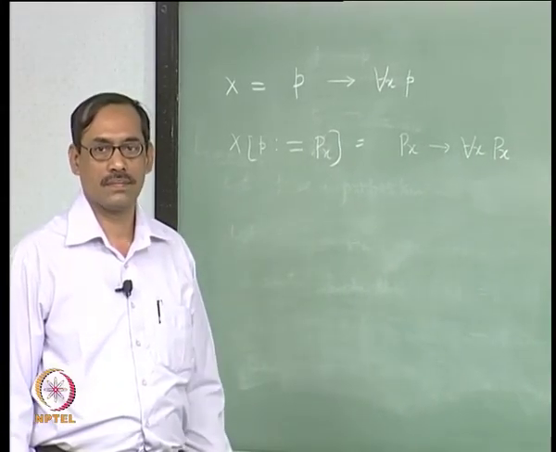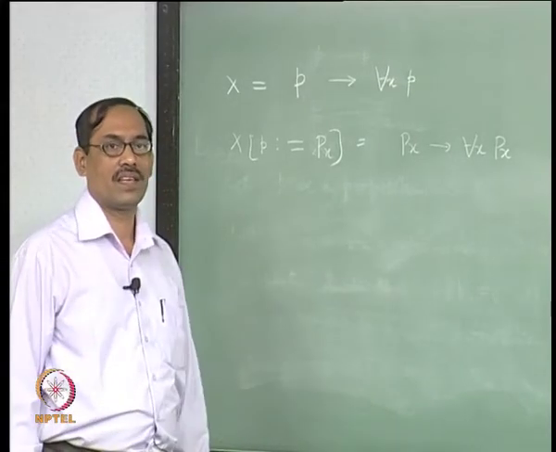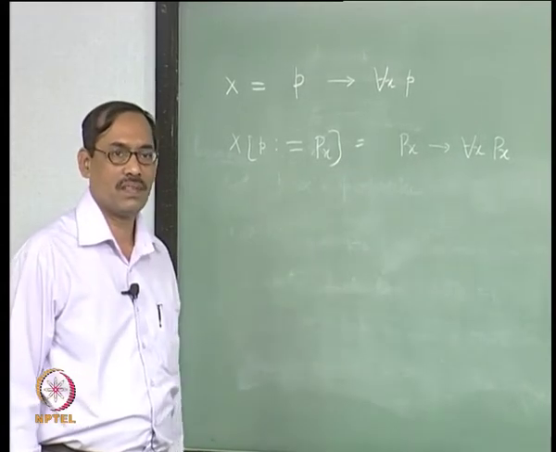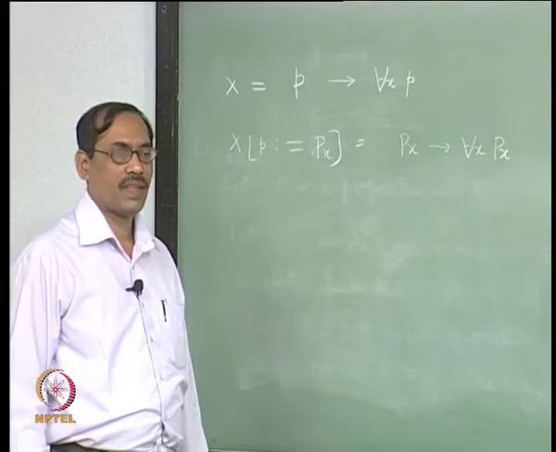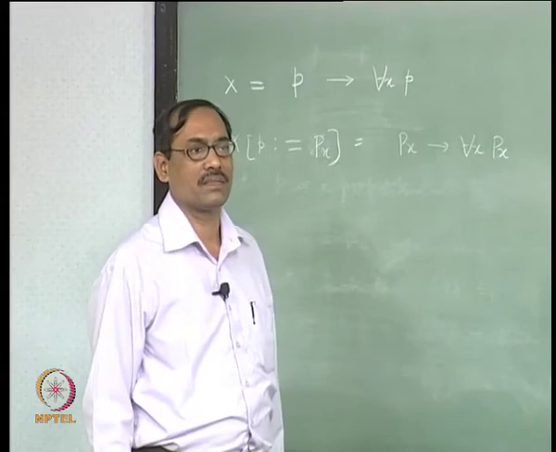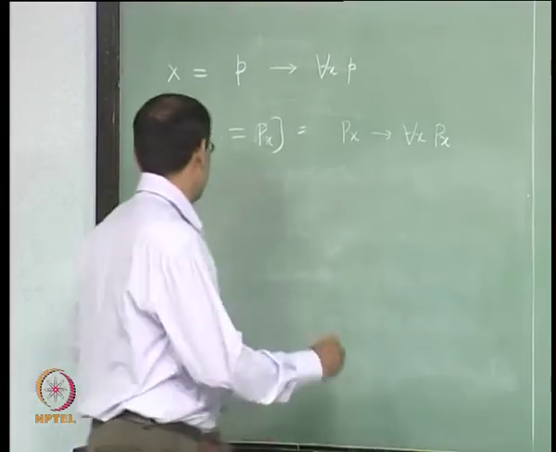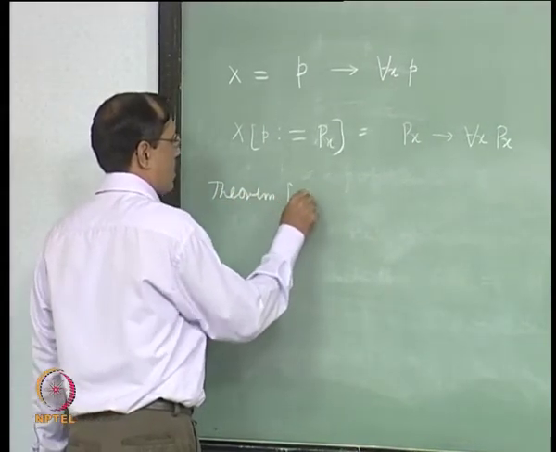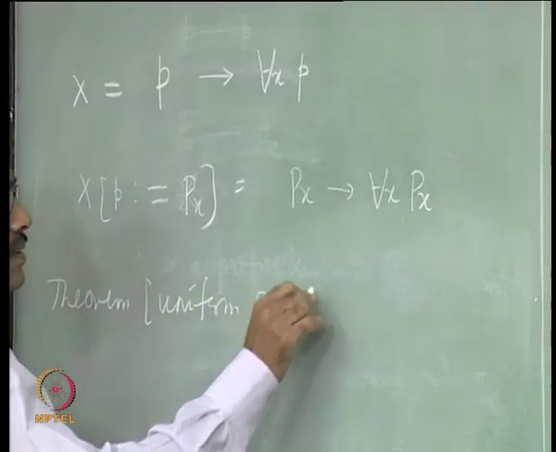So, you should have some constraint on the capturing of the variables once you generalize it to valid propositions or valid formulas. That is exactly the proviso, that is exactly the constraint we need. Fine. So, let us formulate the theorem. Uniform substitution.